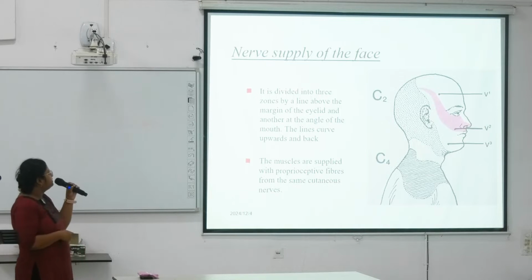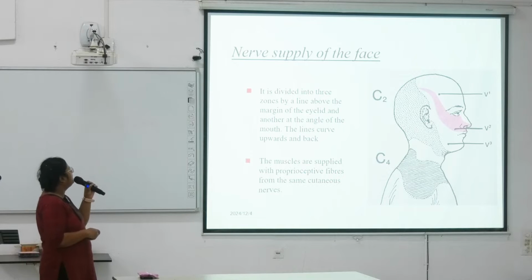Next, the face is divided into 3 zones according to the supply by the 3 divisions of the trigeminal nerve. So, these lines of division: first, the upper line passes from the lateral angle of the eye, okay, extends upward and laterally, and the next line passes from the lateral angle of the mouth, meets the first line and passes upward and laterally.